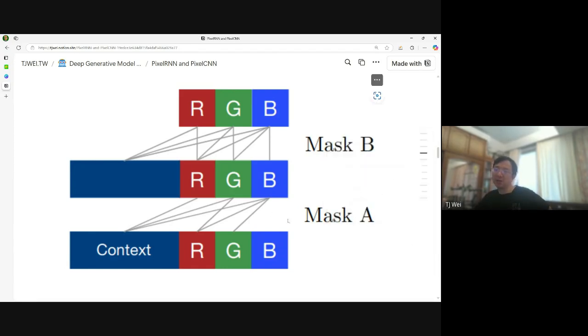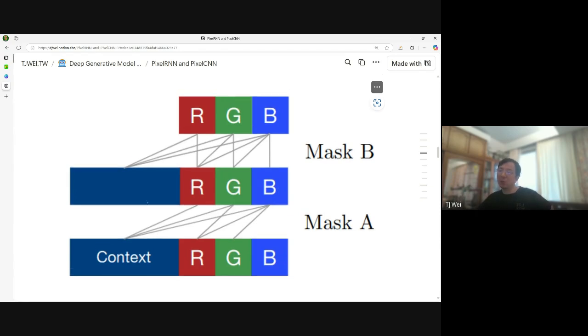In PixelCNN, we use a mask to ensure the order, so that each element does not see any element that is not in its context. The mask prevents each element from seeing the future, so that when we train, it will not see the future, and we can actually apply it to generate things.